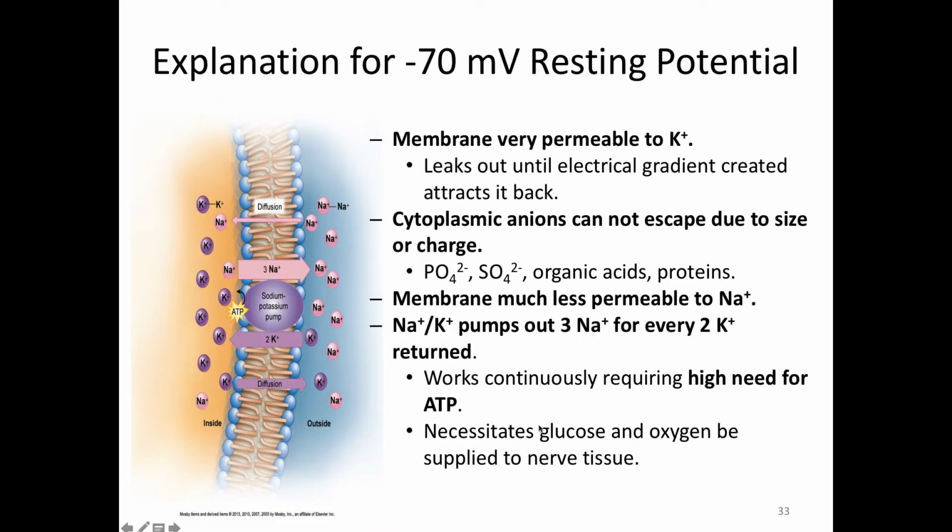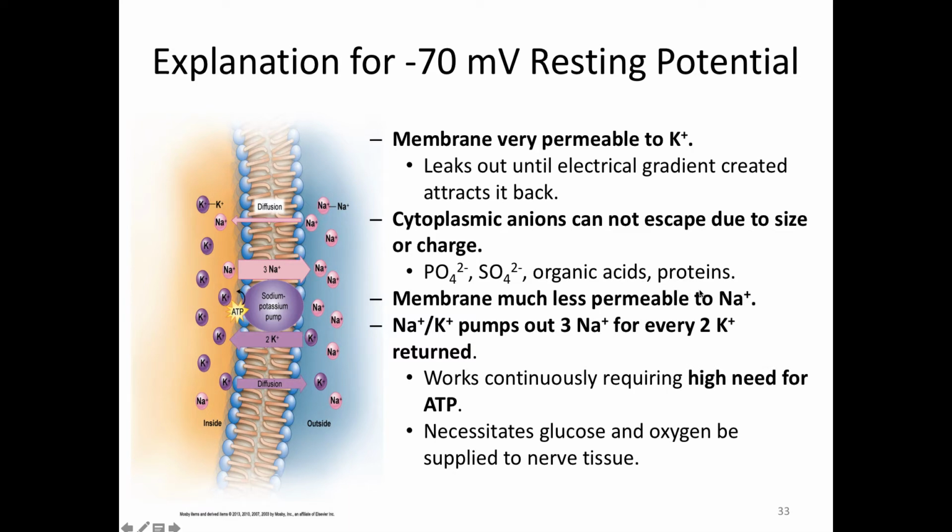So the membrane is very permeable to potassium, as we mentioned. And this will leak out until the electrical gradient created attracts it back. So this is one of the things that explains the resting membrane potential, is that it's leaky to potassium. Cytoplasmic anions can't escape due to charge. So here we have phosphate, and this is sulfate, and there are also organic acids and proteins.